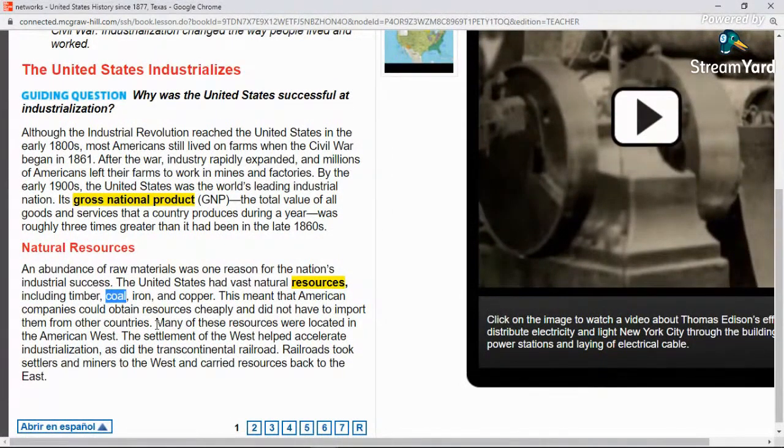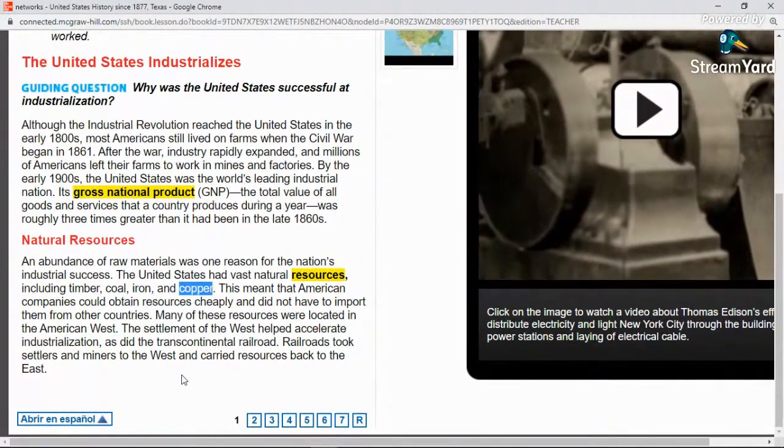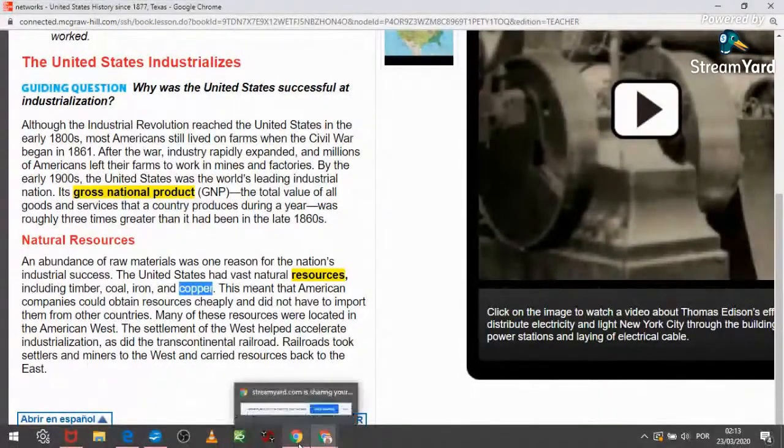So iron is very interesting. Copper, which we'll find out later, is good for electrical things. So because America had these already in the country, they didn't need to import them. And a lot of these resources were in the American West. So this helped accelerate the industrialization, okay, as well as the Transcontinental Railroad.